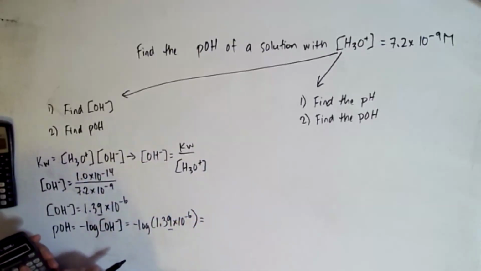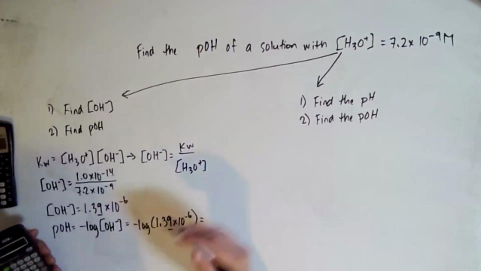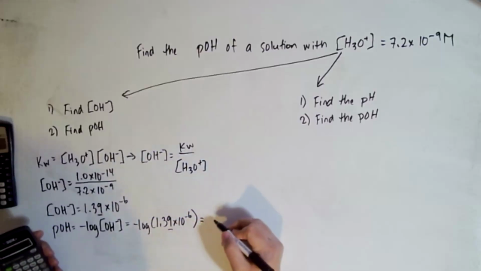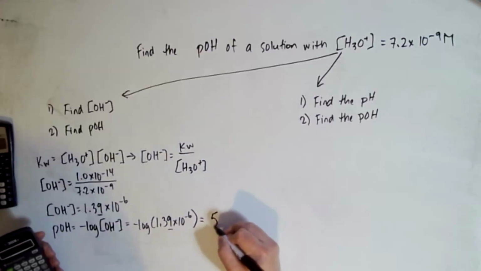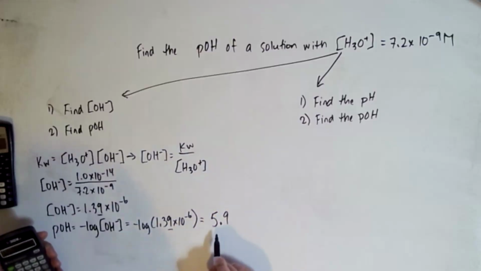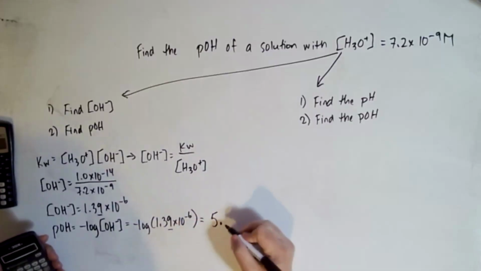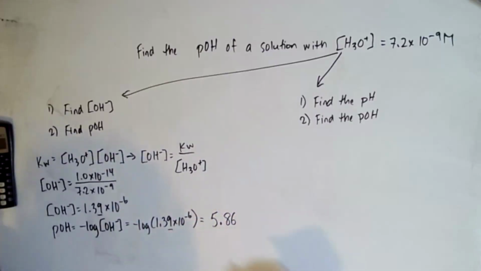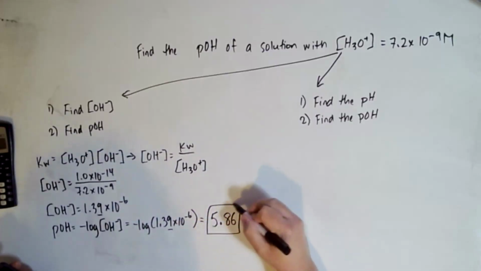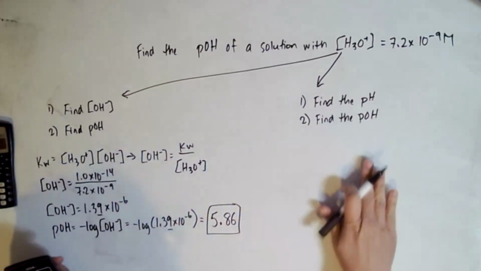So I'm going to take the negative log of this number and I'm going to get 5.86. Oh no, two significant figures here means two decimal places for my pH. So 5.86. Okay, that's my pOH using this method.